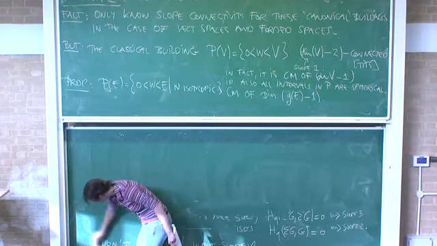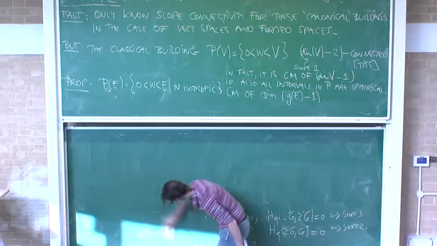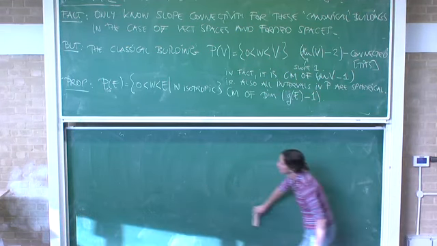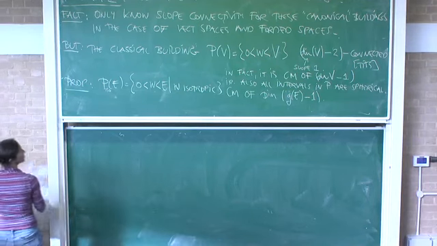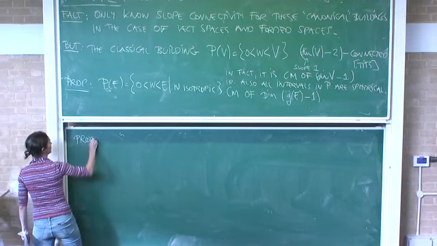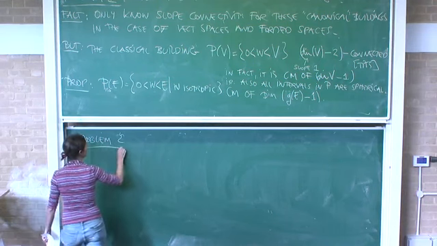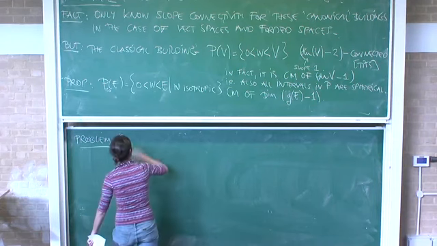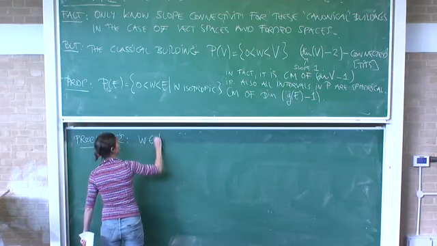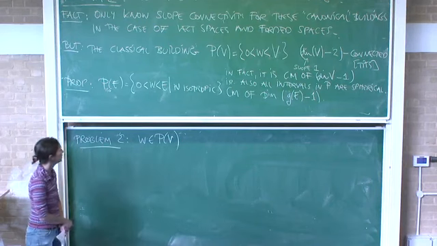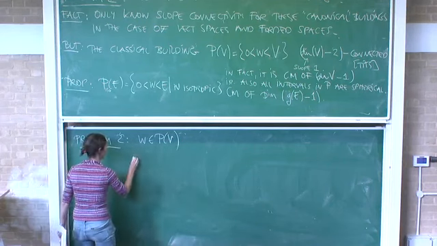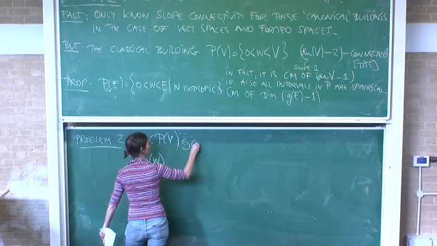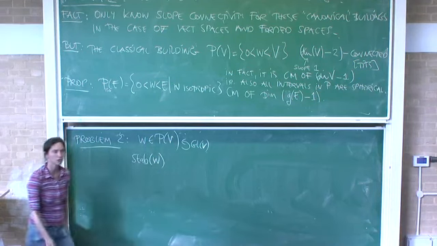We sort of know the stabilizer will be wrong because we have the wrong building. But we have to look at how bad they are. Okay, so this is problem number 2, stabilizer. For W in the building, let's do the vector space case first. We look at the stabilizer of a W. We have an action, so the action here, GL of V, acts happily on the subspaces.